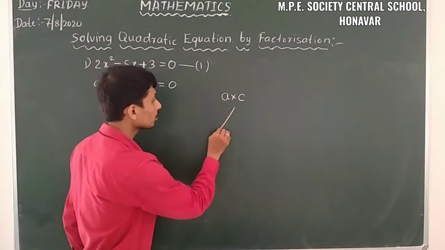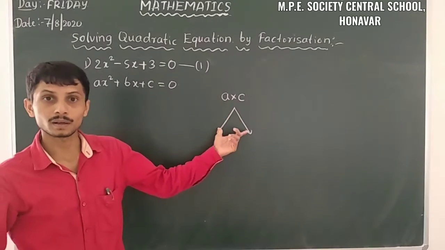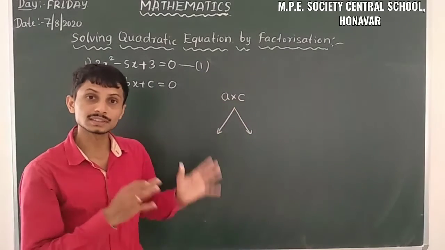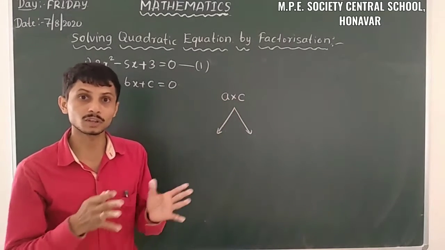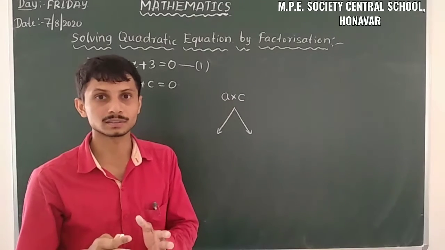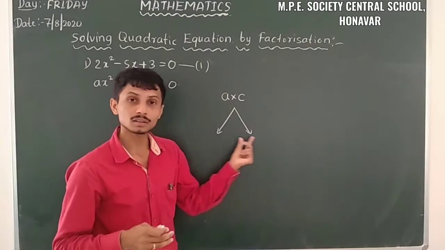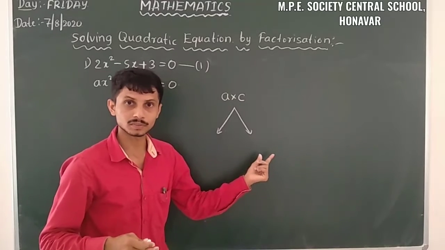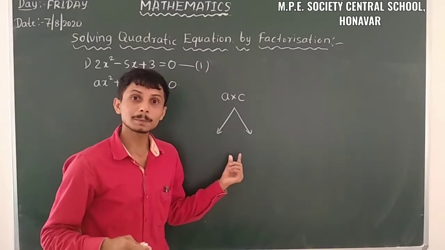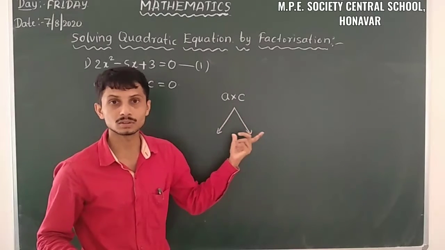After that, we have to split the result of a into c into factors. I already told you we have to split into multiplied factors. When we multiply those two values, the result is a into c.